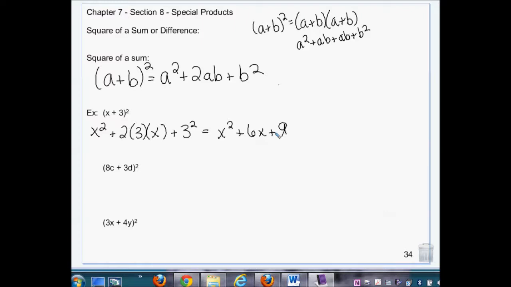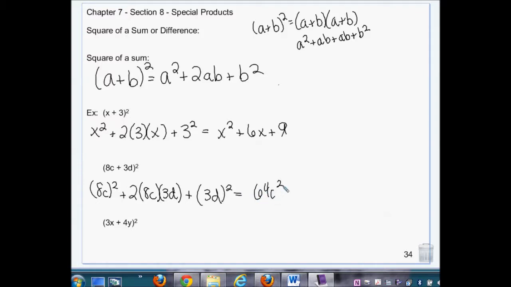You square the first thing. And then you take 2 times the first times the second. Oops, sorry, that's not 8D, that's 3D. And then you square the second. So I take the first, 8c, and I square it. 8c squared is 64c squared.